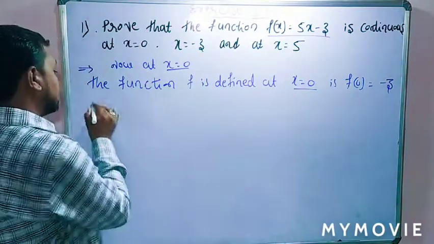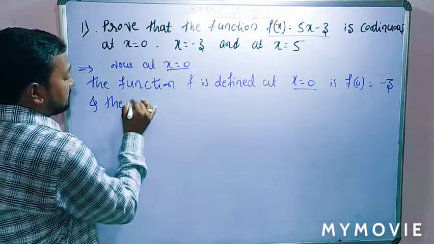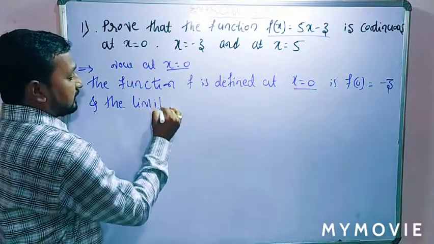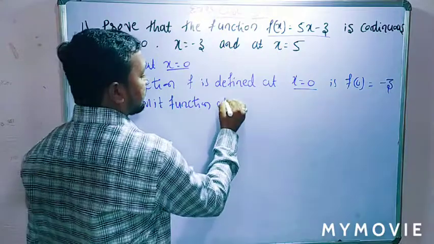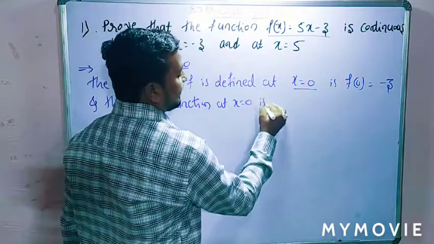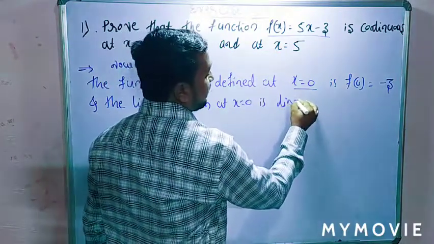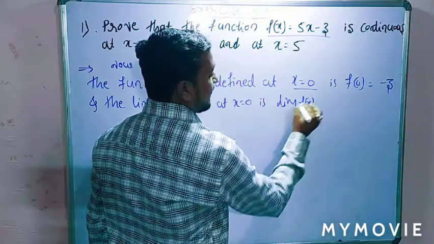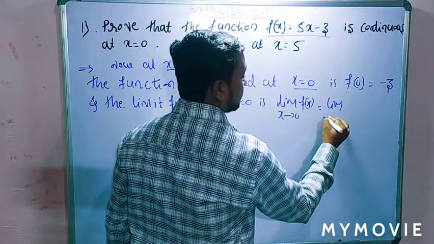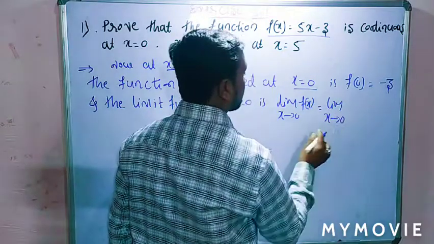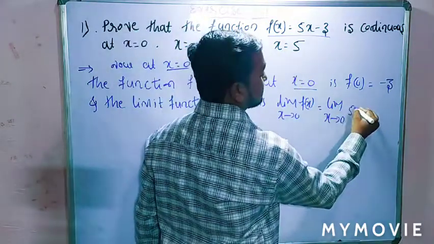Clear that? And the limit function at x equal to 0: the limit of f of x as x tends to 0 is equal to the limit of 5x minus 3.